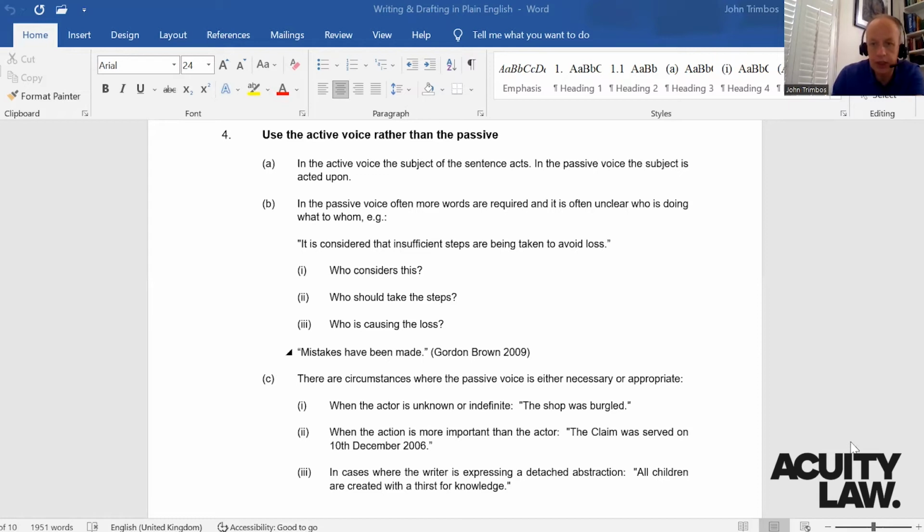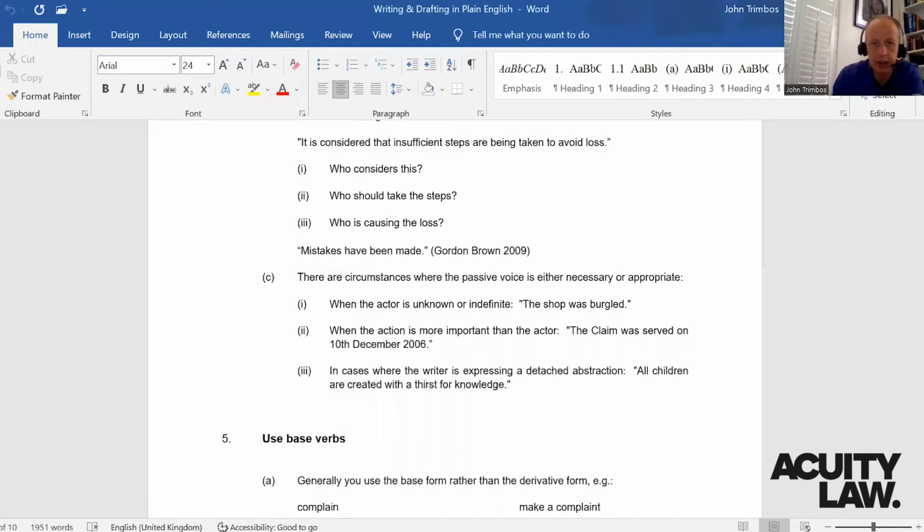And then having said you can use the odd bit of passive, if you look at part C, there are times when the active voice can look a little bit artificial. So this is where you can use the passive. Number 1, where the actor is unknown or indefinite: the shop was burgled. You could say a burglar has burgled the shop, but that really doesn't add anything to our sum of knowledge. Secondly, where the action is more important than the actor, so it could be the service of legal proceedings, or a referendum has been called.